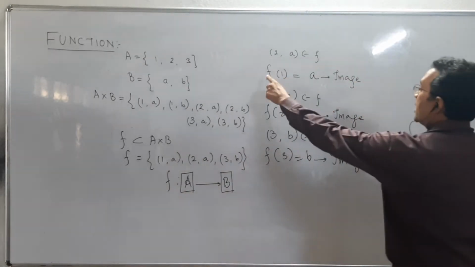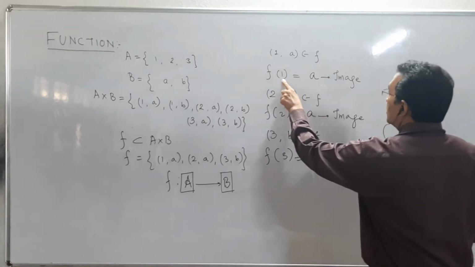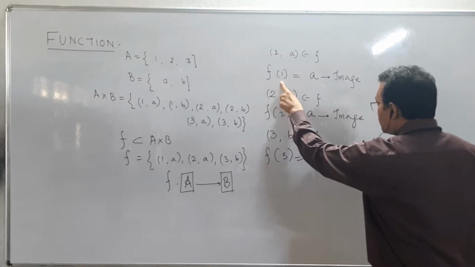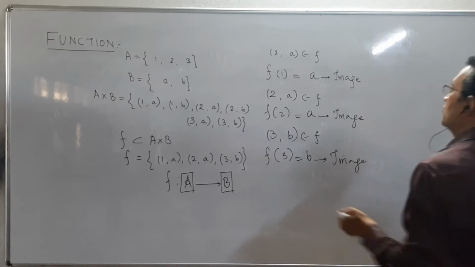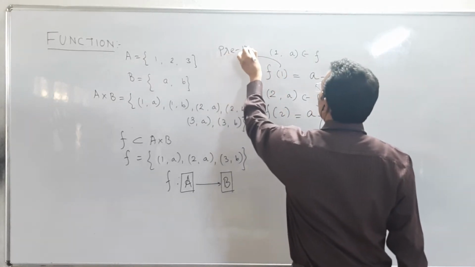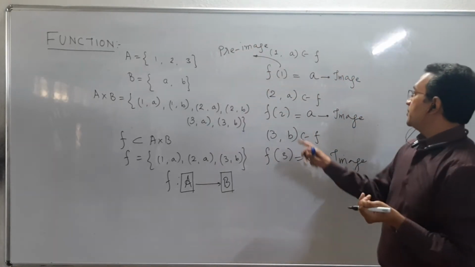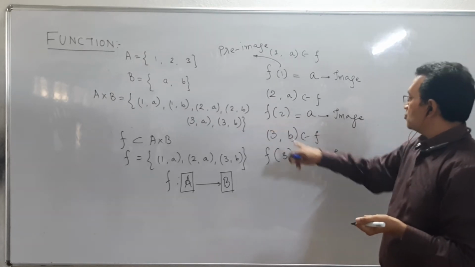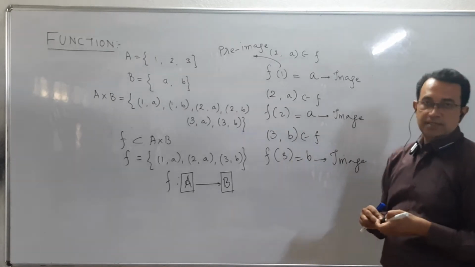b. Now if f(1) is equal to a, a is called the image of 1 under the function f, and 1 is called the pre-image of a under the function f. So 1 is called pre-image and a is called image. Same way, the pre-image of a under the function f is 2 and the pre-image of b under the function f is 3.